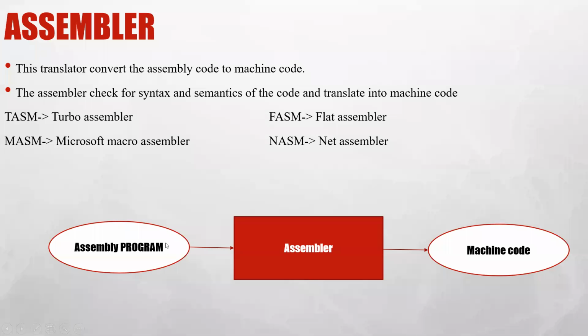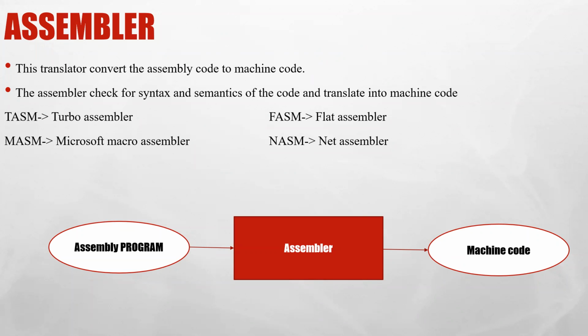This assembler will convert this assembly level coding into zeros and ones, called machine level coding. So this is what an assembler is. What is the assembler then? Assembler is a translator. The assembly language requires a translation of English-like statements to a machine level coding.